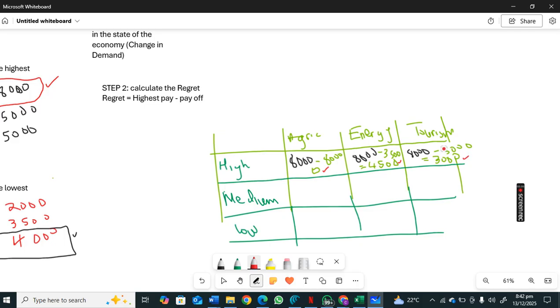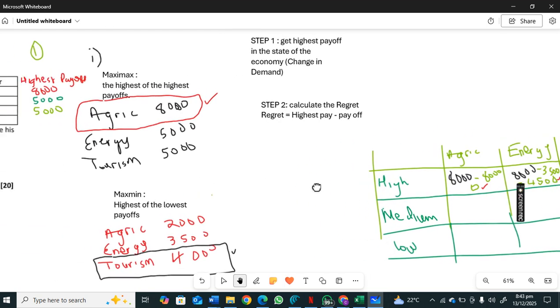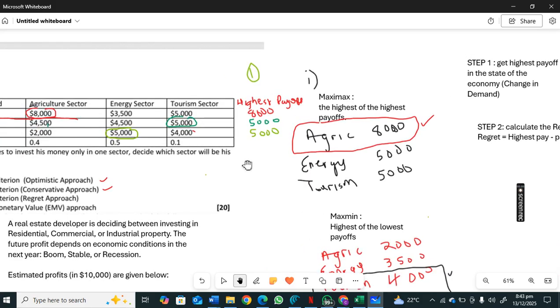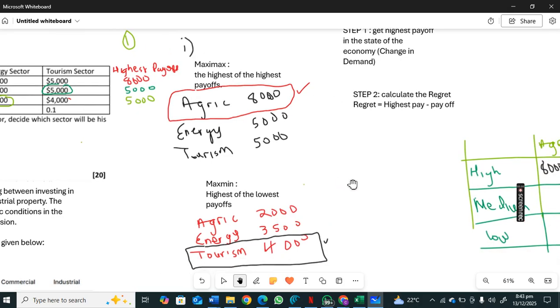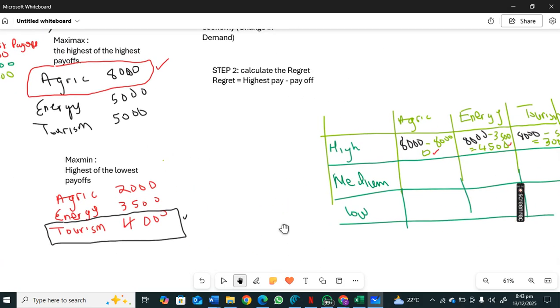We're now going to go to medium. Under medium, we said the highest payoff is 5,000. So this 5,000, we're going to subtract it from this 4,500 and this 4,500 and this 5,000 here. Whatever is in black is just the highest payoff for that state of the economy.